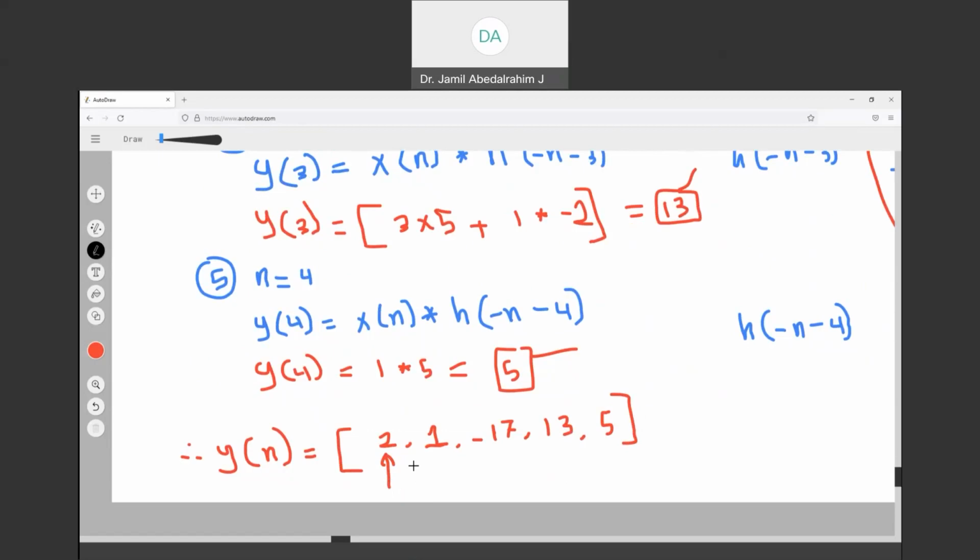Under the first result, we got it when n equals 0. So if we draw it graphically, this will be located at 0, this is at 1, this is at 2, this is at 3, because the right side will be the positive part.